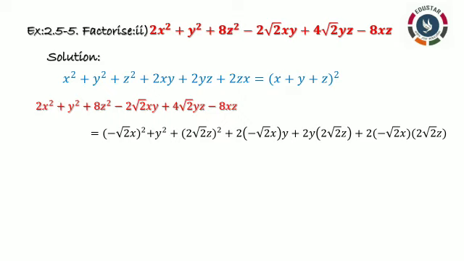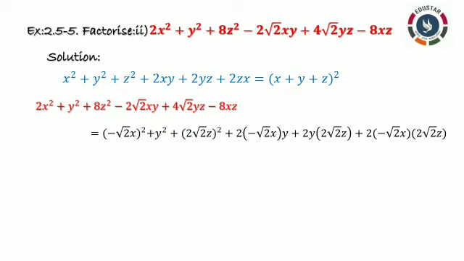Then 8z square. 8 is a square value of 2 root 2. On squaring 2 root 2, we will get 4 into 2, that is equal to 8. So our third term will be 2 root 2z the whole square. So what is our first term? Minus root 2x the whole square plus y square plus 2 root 2z the whole square.